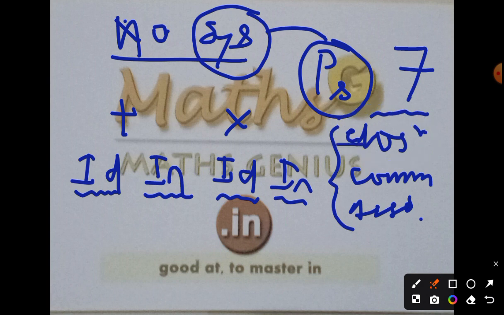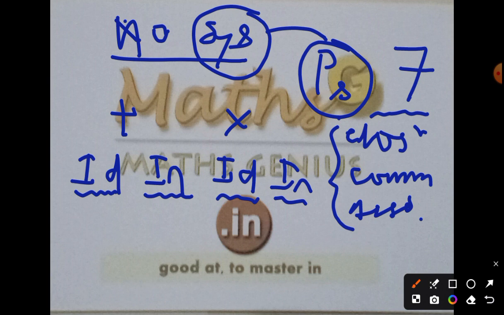Nah, CLOSR. Oh, it was closure. COMM, communication, common. Oh, it was commutative. ASSO, what was it? Nah, associative. Always leave the words half written so that your brain works for the rest. That's a brainstorming idea.